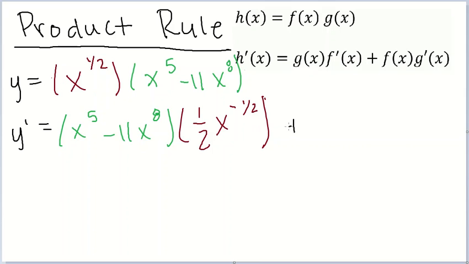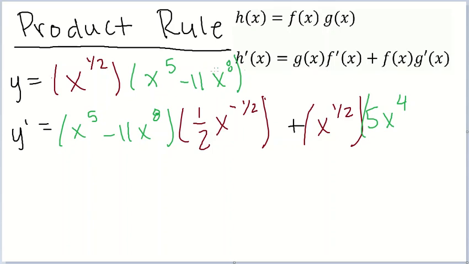And then we have to add the first function written normal. So we're going to take that first function, x to the 1/2, and that's going to be written normal. And then we need to multiply that by the derivative of the second one. So if we look at the second one, the derivative of x to the 5th is going to be 5x to the 4th.